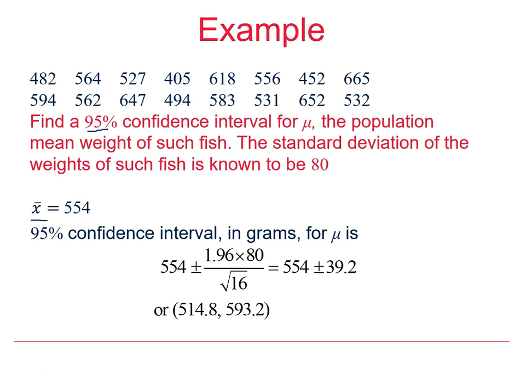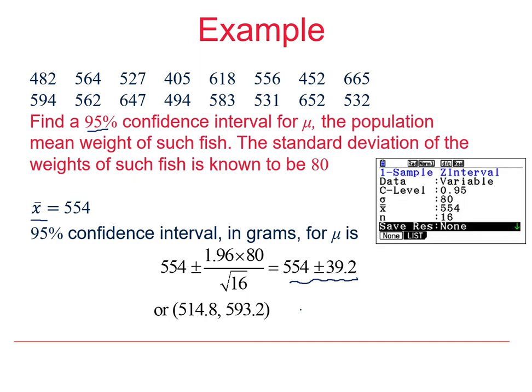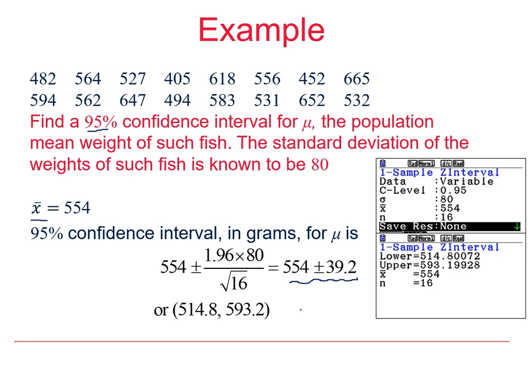So we use the formula to evaluate our confidence limits, our confidence interval, and it's very often written plus or minus in this form, and then we can write our interval in brackets in the way I demonstrated before, and that 514.8, 593.2 is our 95% confidence interval for mu. And if you have a graphics calculator in statistics mode, you'll see a button int, and from that you can work out your confidence interval directly.